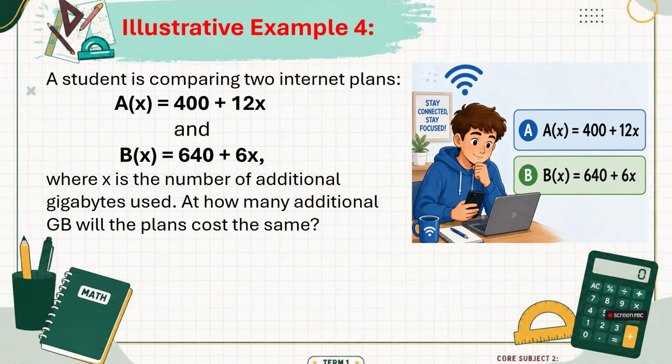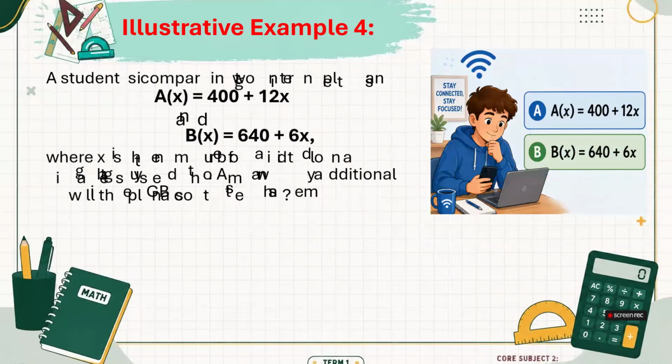The question asks, at how many additional GB will the two plans cost the same? There are two important words here: the cost should be the same. So what should we do? Since we have the same, we set the functions equal.